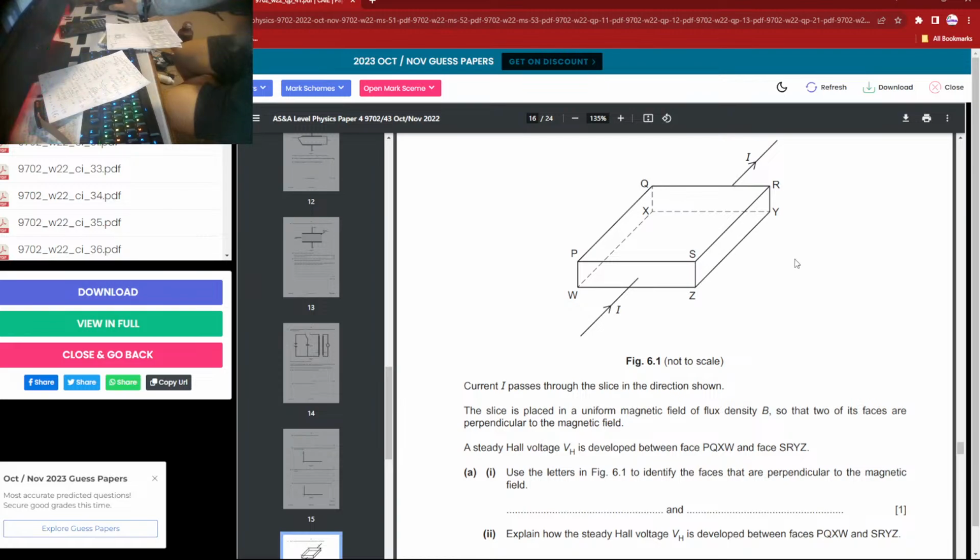Identify the faces that are perpendicular to the magnetic field. So Fleming's left-hand rule. If current is going in, the magnetic field will be pointing horizontally. So the faces perpendicular will be PQRS and WXYZ. That's your answer.